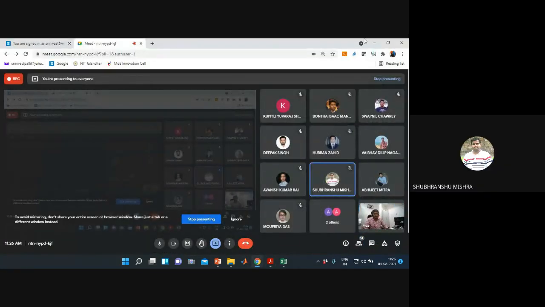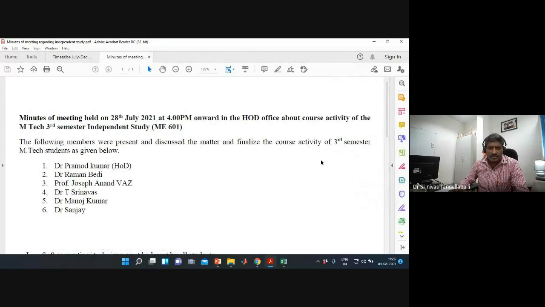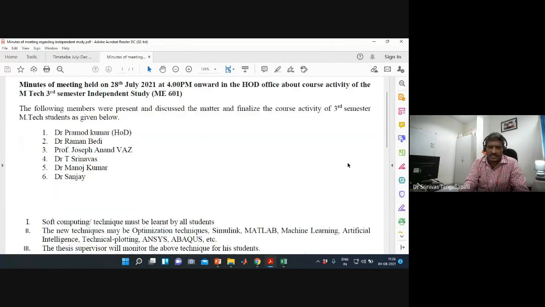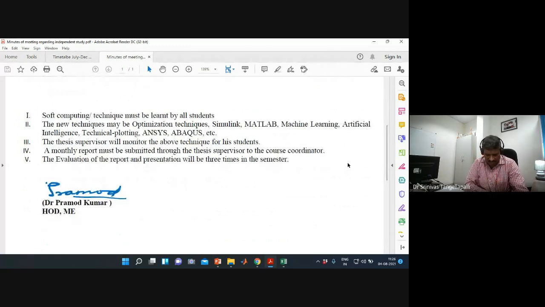Now I opened the file. Are you able to see the file? Yes, sir. This is the minutes regarding our independent study. As per the discussion, we framed some guidelines. Earlier it was a similar type of independent study. Now, I want to share what we have to follow for independent study.